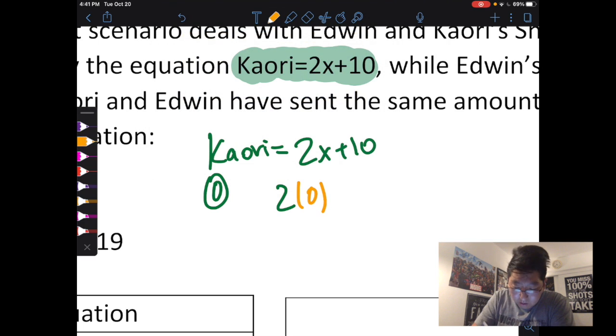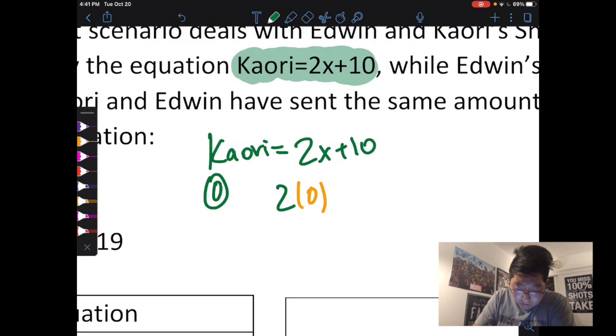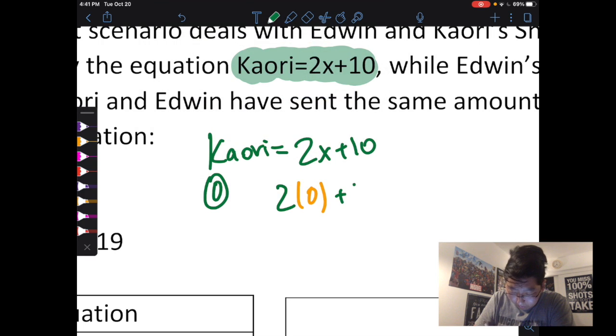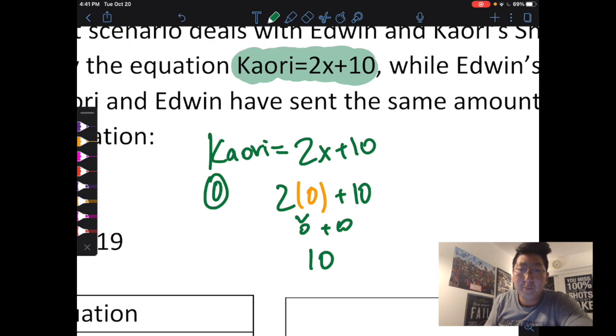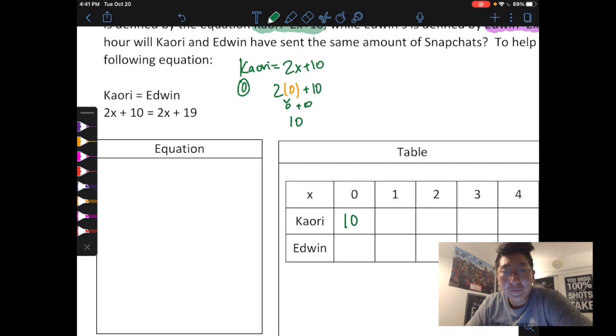So at 0 hours, what's 2 times 0? In 0 hours, he will have sent 2 times 0 is 0 plus 10. He would have sent 10 Snapchats. So this is in the 0 hour, like when he started counting, I guess.